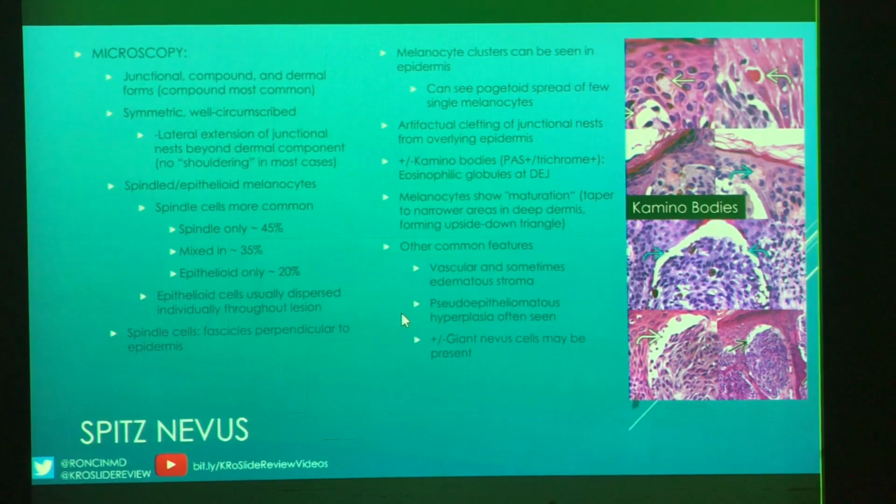You can see PEH, pseudoepitheliomatous hyperplasia, which if you've gone over our lecture and cases from last week, you'd be familiar with. And you can also see giant nevus cells. Our case did not have those, and it also did not have pseudoepitheliomatous hyperplasia, but those are things that you can look out for.